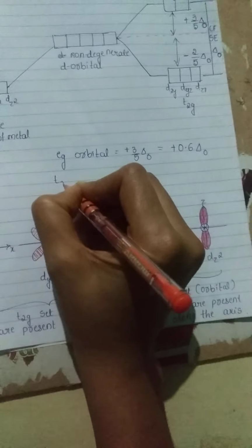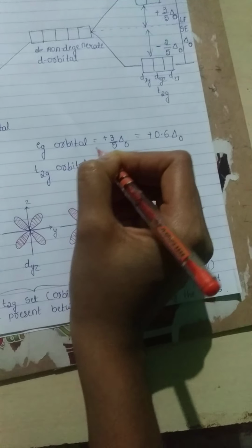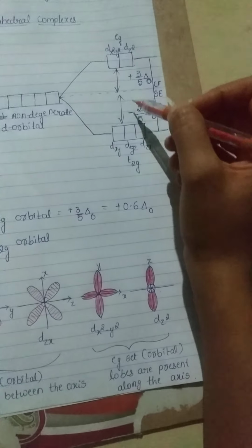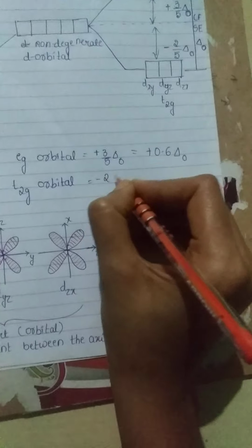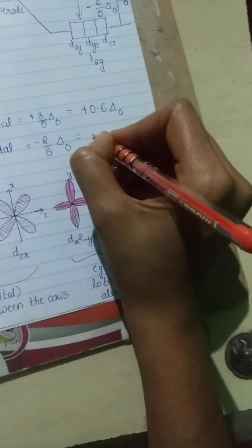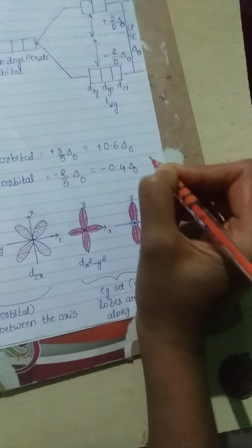Then for T2G orbital, the energy is decreased, minus 2 by 5 delta naught, that is equal to minus 0.4 delta naught.